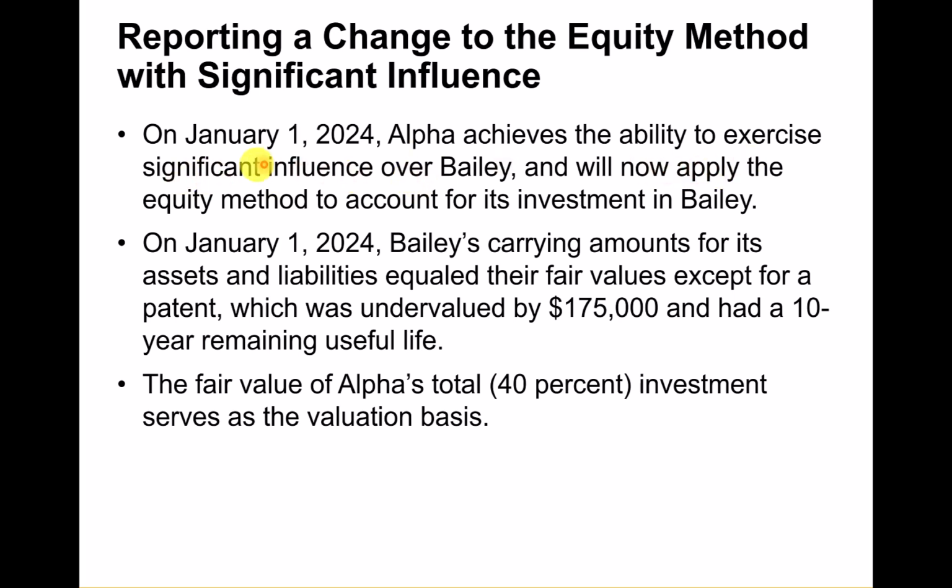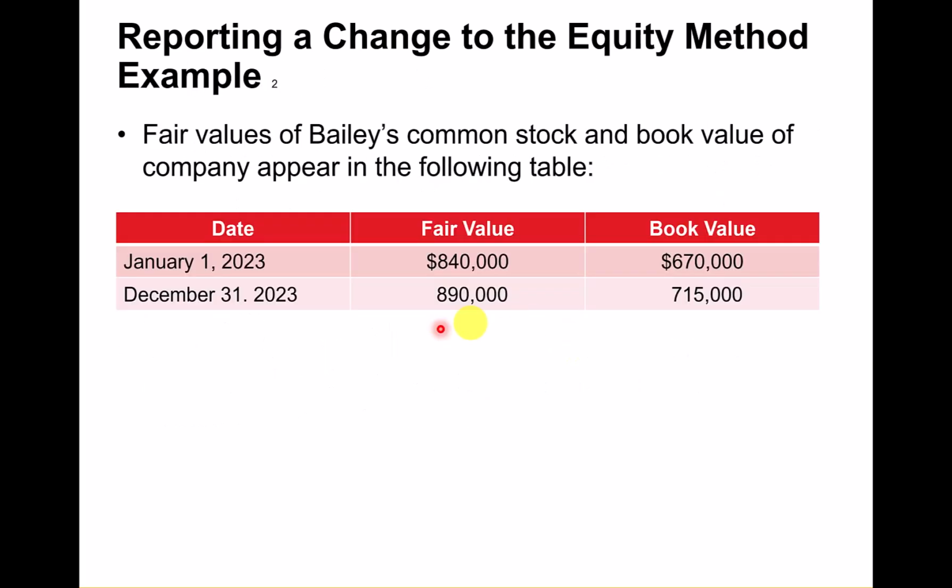Okay, significant influence. So because of that situation, at the time you acquire that significant influence, we've got to identify how much unidentified assets there are, undervalued assets. So we go back to the table. If you look at that end of the first year, really this is the beginning of the second year. The difference here is that unidentified assets, of which now our investor owns 40%.